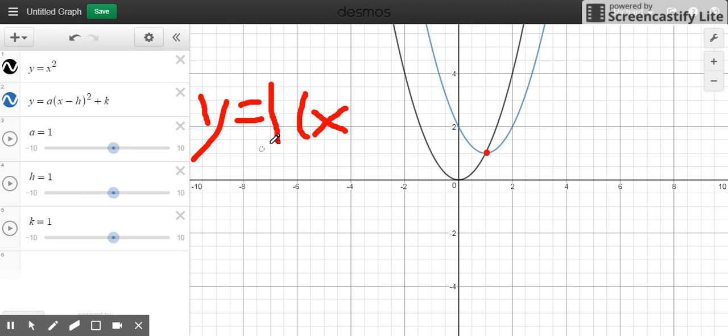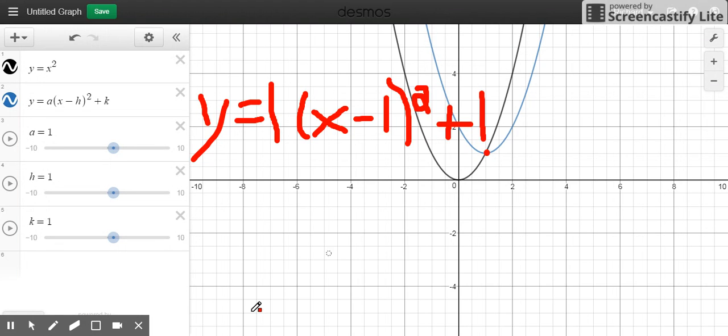And now my h value is 1, so it's going to be minus 1, close parentheses, squared. So that stayed because it made my graph a parabola with the squared there. And then my k value, as you can see, is 1. So it's really going to be plus 1. So as you can see there, that's exactly what these values are. So that's going to be my blue graph. So what we're going to do in a second here is we're actually going to change these parameters.